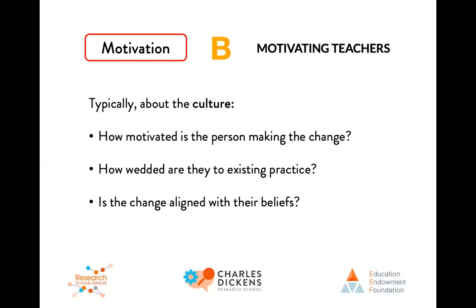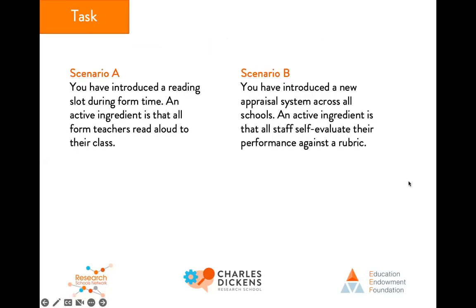And crucially, and linking back to our clear and compelling vision, is the change aligned to teacher beliefs? And that might be teacher beliefs about who they are and who they aspire to be as educators. Is there a conflict there? Is there cognitive dissonance? How can we help them align those two?